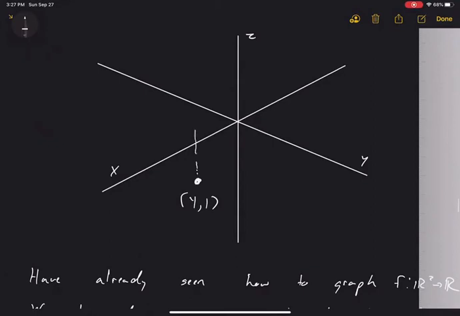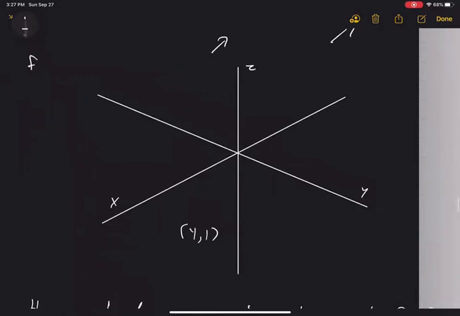Let's say my function takes the point (4, 1) and pairs it up to z value 5. Thinking back to my technical definition of a graph, it's independent variable, dependent variable. What's my independent variable? It's the point (4, 1). And what's my dependent variable? It's that z value 5.